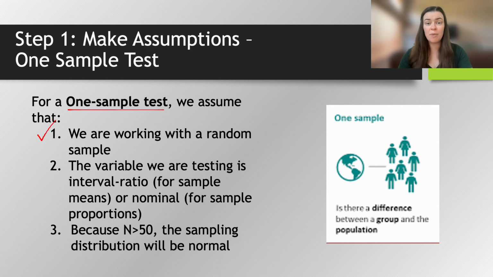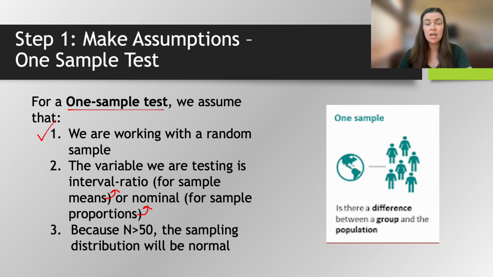The second goes back to our ideas all the way from chapter 1 about levels of measurement. In this case, the variable we are testing needs to be interval ratio if we are using sample means. And so this is another checkpoint for us. Although, if we are using sample proportions, our variable has to be measured at the nominal level.